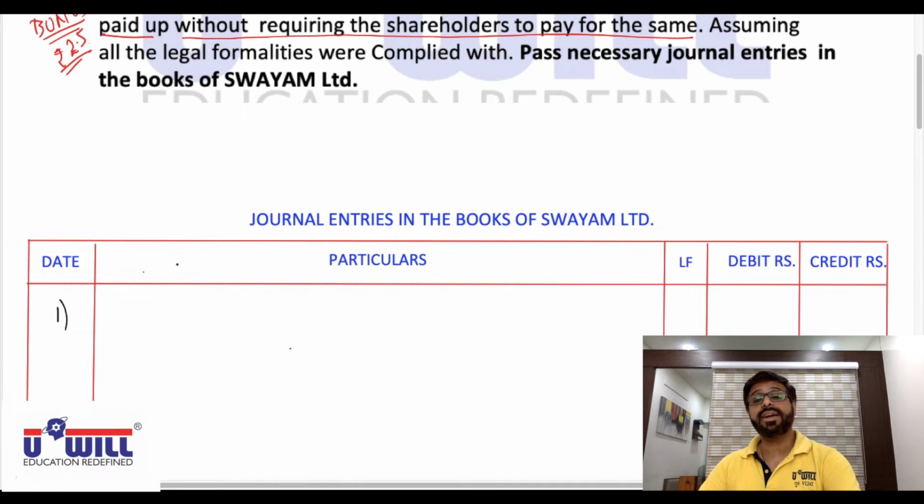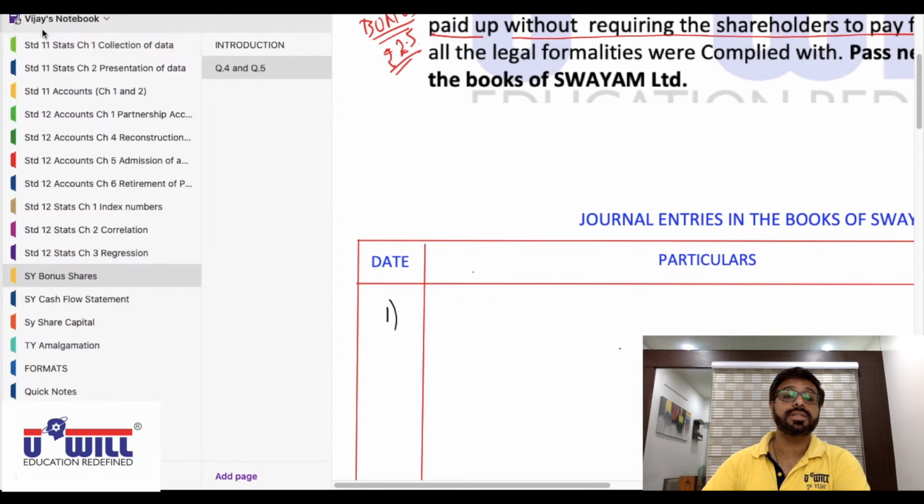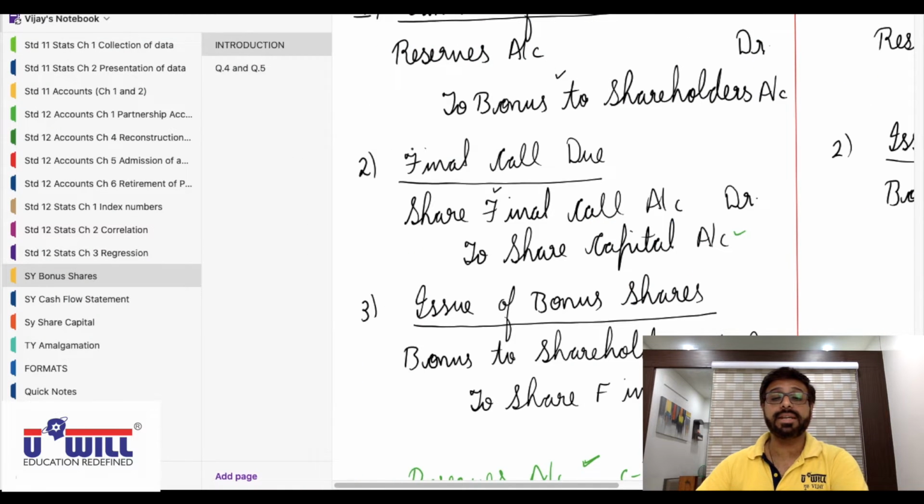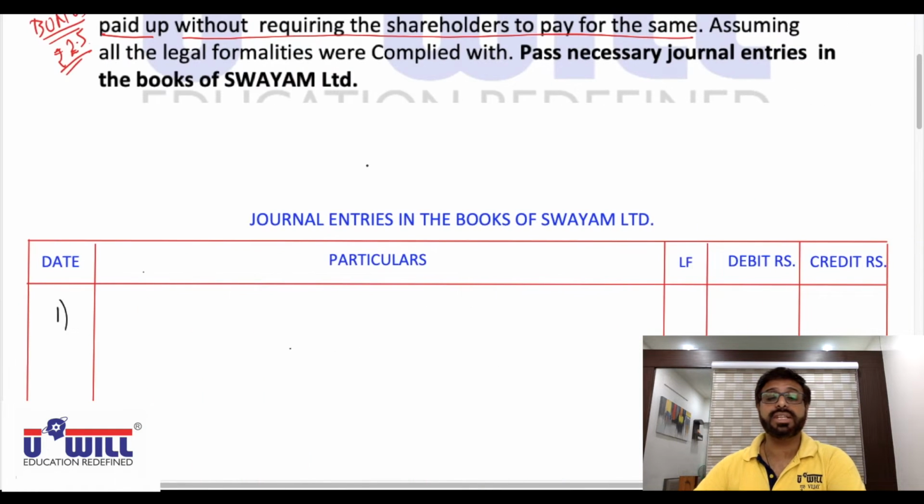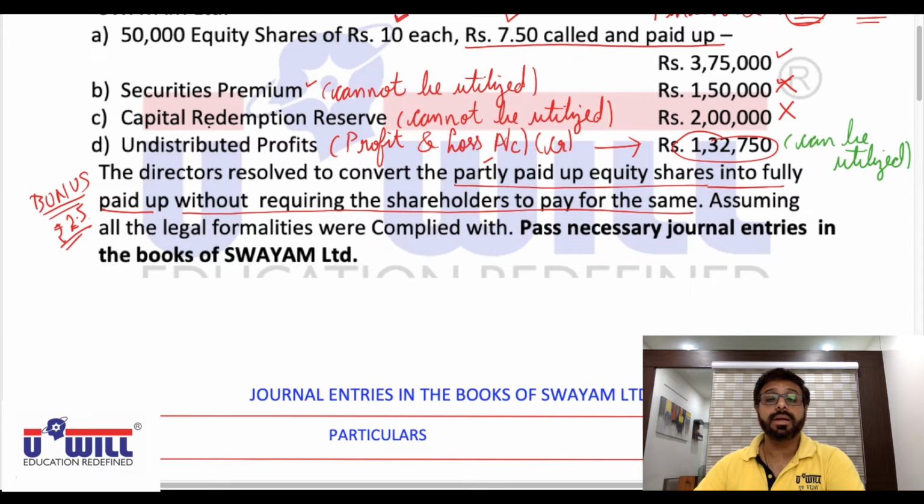Now, what entry did we study for partly paid bonus shares? First entry we studied is reserves to bonus to shareholders, right? So which reserve are we using here? We are using this undistributed profit, P&L account, that can only be utilized. These two cannot be utilized, right?